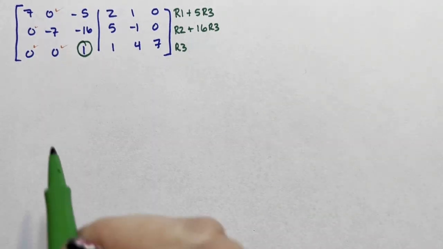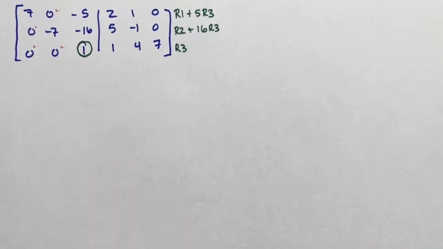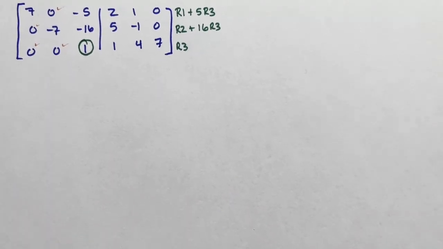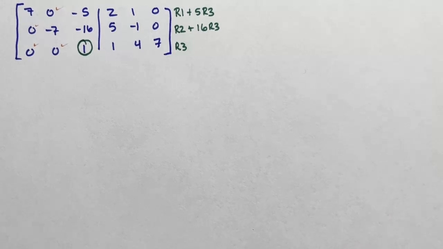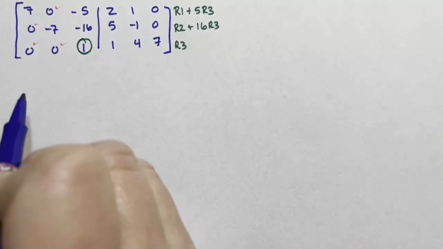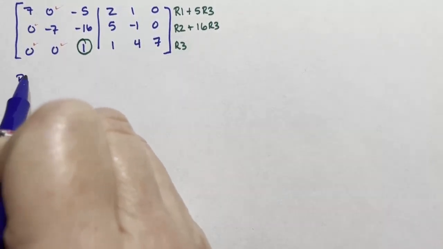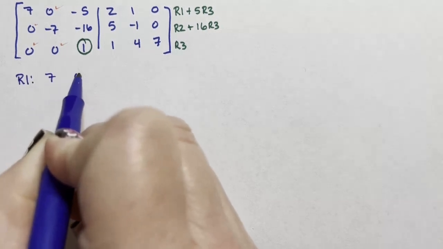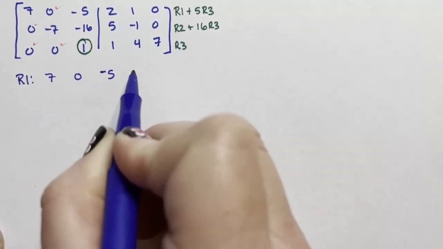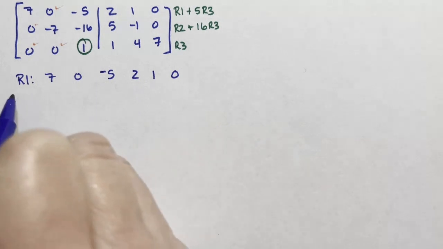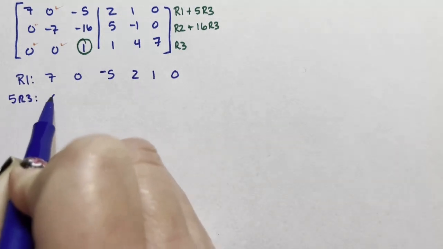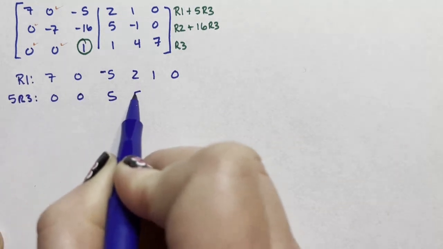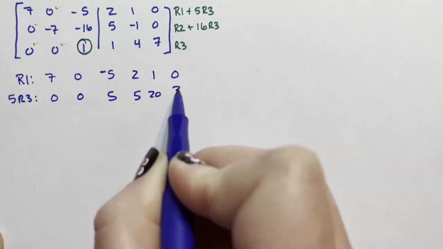Okay, so row 1, ooh, sorry about hitting the camera. Row 1 is 7, 0, -5, 2, 1, 0. 5 times row 3 is 0, 0, 5, 5, 25, 35.